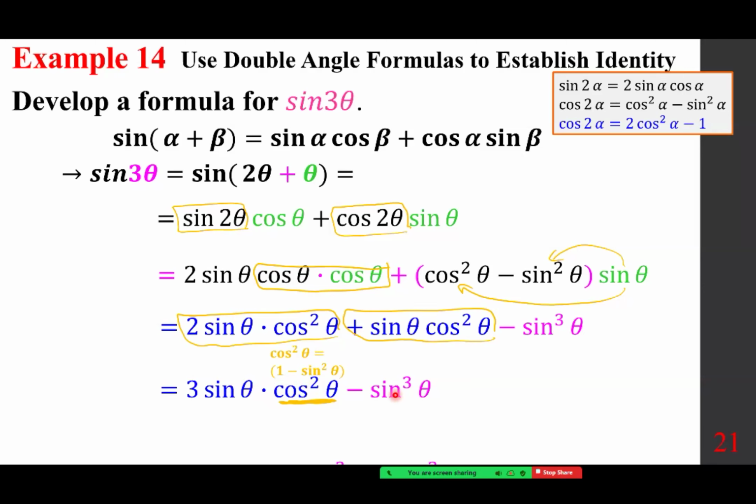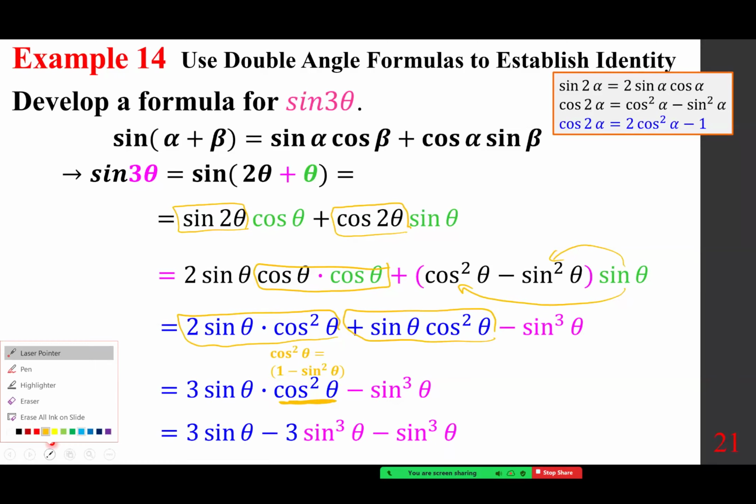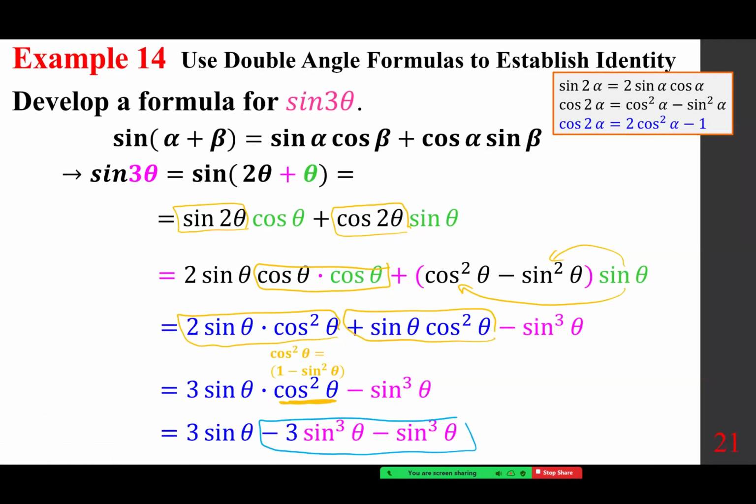This one remains unchanged. However, these two we can combine into minus 4 sine cubed. So the final answer is 3 sine theta minus 4 sine cubed theta. So sine of 3 theta as a function of sine is 3 sine theta minus 4 sine cubed theta.